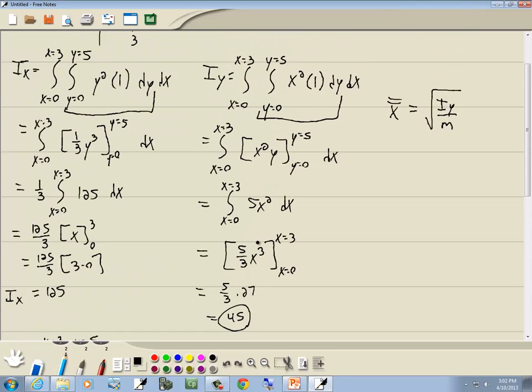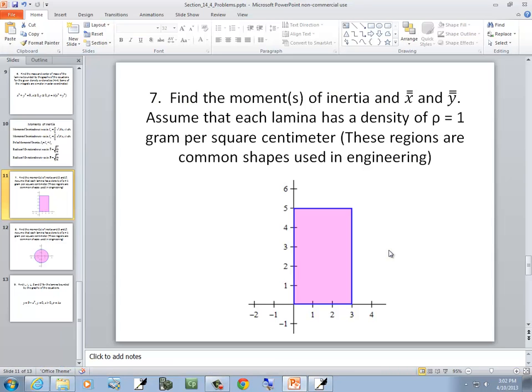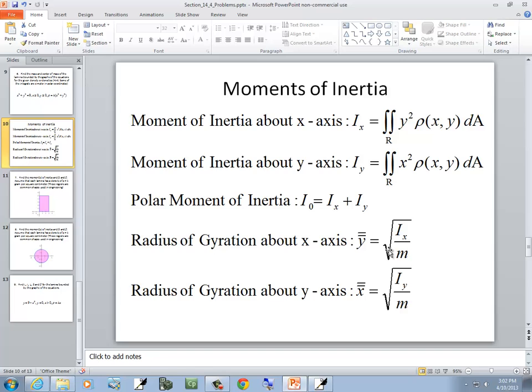Okay, let's come back up to here then. And this is going to be I sub y, which is 45 over 15, which is going to give us the square root of 3. Now these are the, what is these, radius of gyration? Radius of gyration.